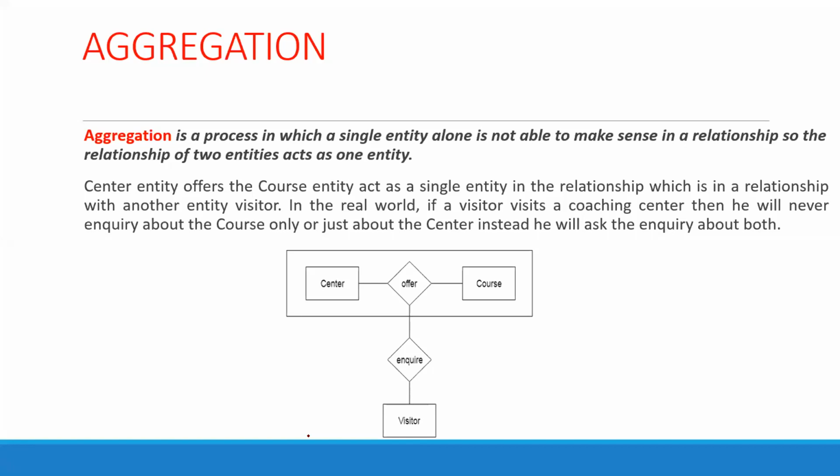If we want to make sense of it, then we look for another relationship. That means it is a process in which a single entity alone is not able to make sense in a relationship, so the relationship of two entities acts as one entity.